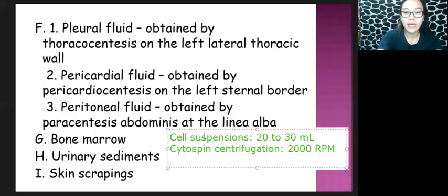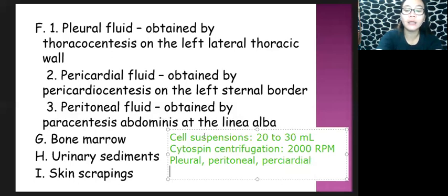As for the anticoagulant, especially if we are going to collect your pleural fluid: for pleural fluid, for peritoneal fluid, and lastly for your pericardial fluid, there is a need for us to add an anticoagulant in the form of heparin. What is the required amount of heparin?